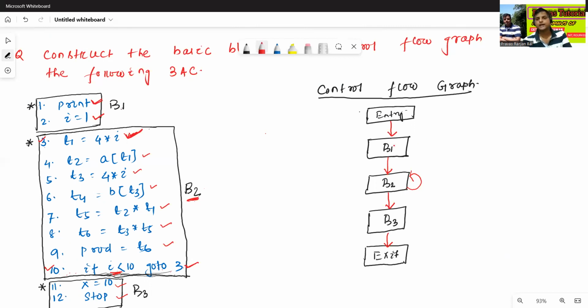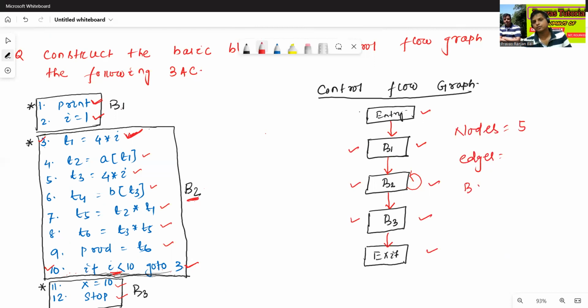Okay. So here we'll just count how many nodes and how many edges. How many nodes here? 1, 2, 3, 4, 5. Total 5 nodes. Out of 5 nodes, how many basic block nodes? Basic block nodes are 1, 2, 3.